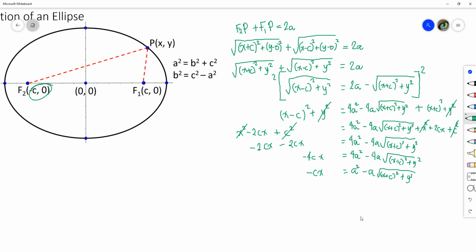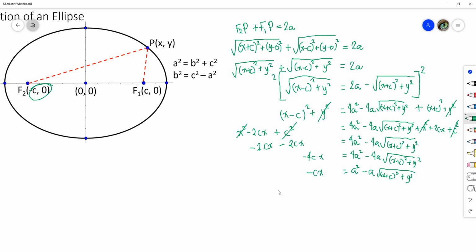Now, let's try to transfer the term in the right side with the square root to the left side. And this term, let's transfer this one to the right side.